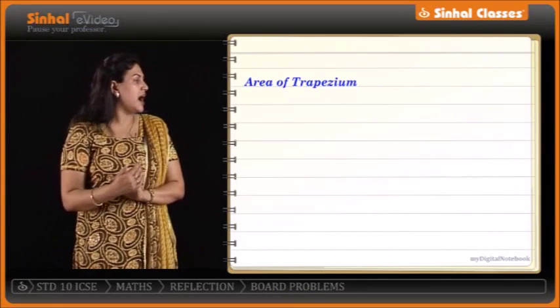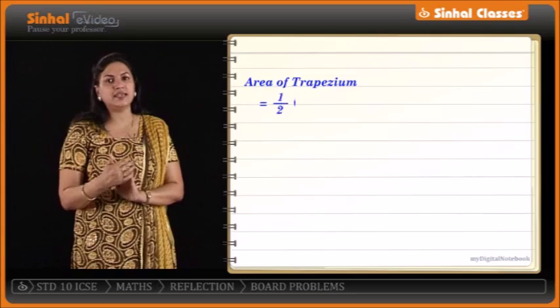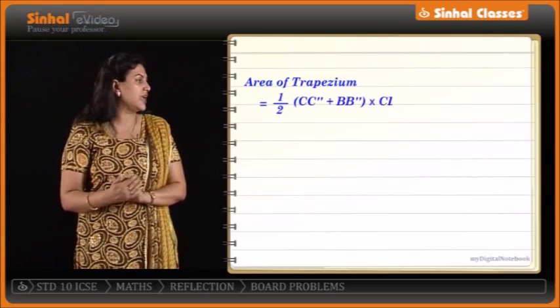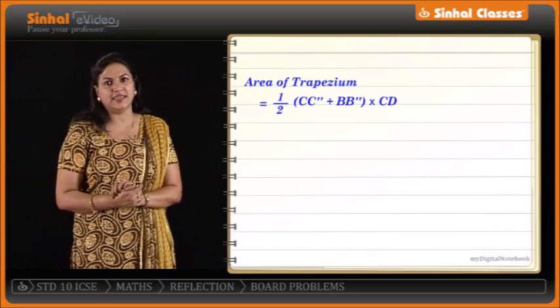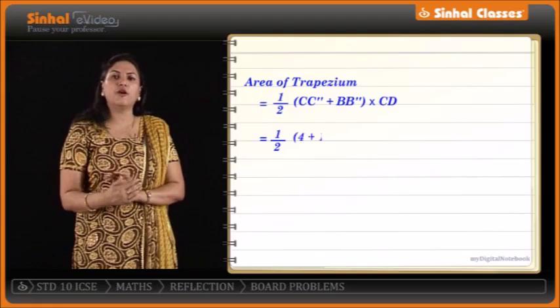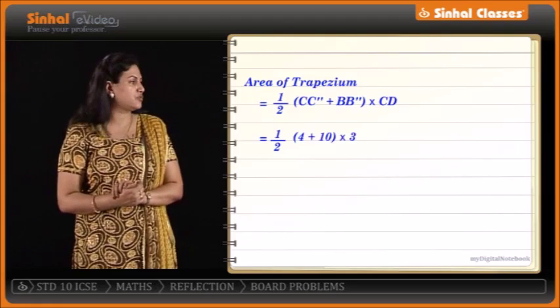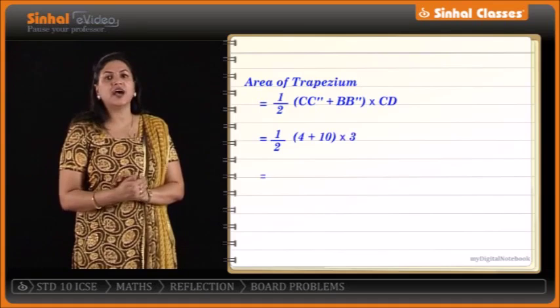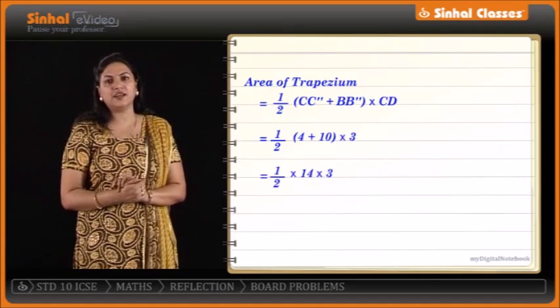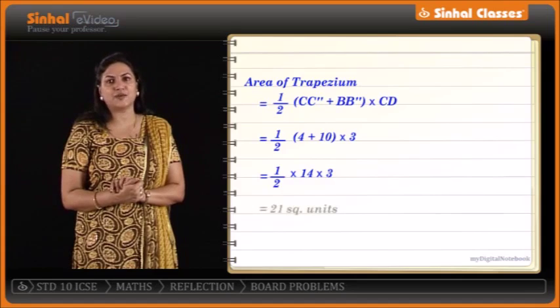So we will get half into CC'' plus BB'' into the height, that is CD, which is equal to half into 4 plus 10 into 3. Simplify this, half into 14 into 3, that is 7 into 3, which is 21 square units.